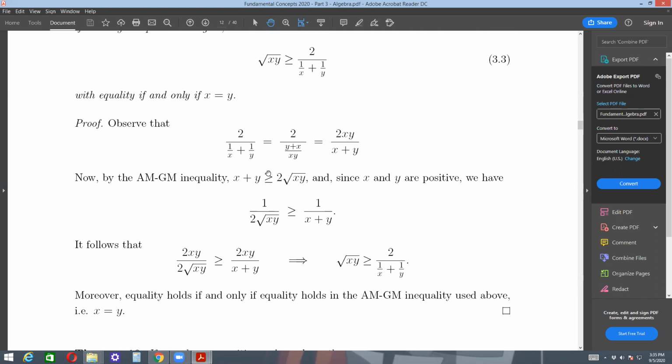Right, so we know this is true, right? So if I take the reciprocal, then 1 over x plus y is less than or equal to 1 over 2 times square root xy. Or another way you could say it is 1 over 2 times square root of xy is greater than or equal to 1 over x plus y. This comes directly from this.